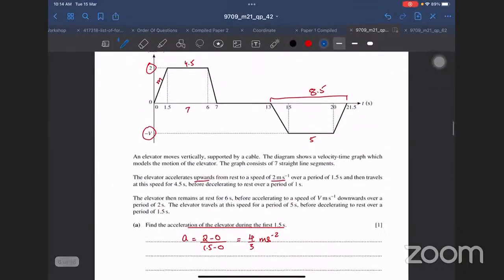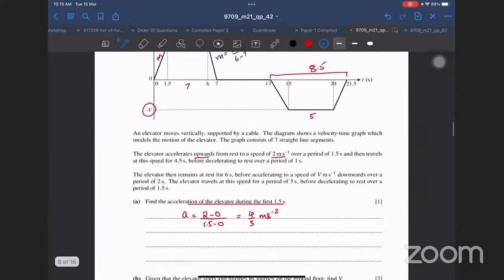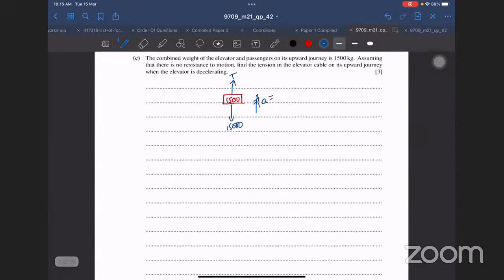I can quickly find the gradient of this line and tell you that the deceleration should be 2 minus 0 over 6 minus 7, which is minus 2. So I'm going to say that it's accelerating at minus 2.